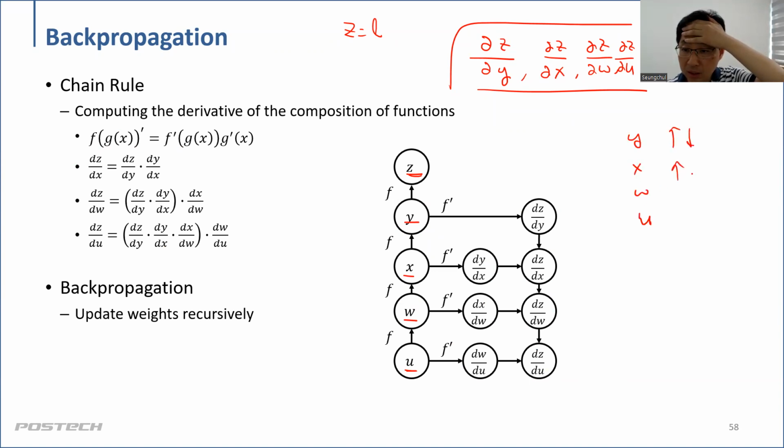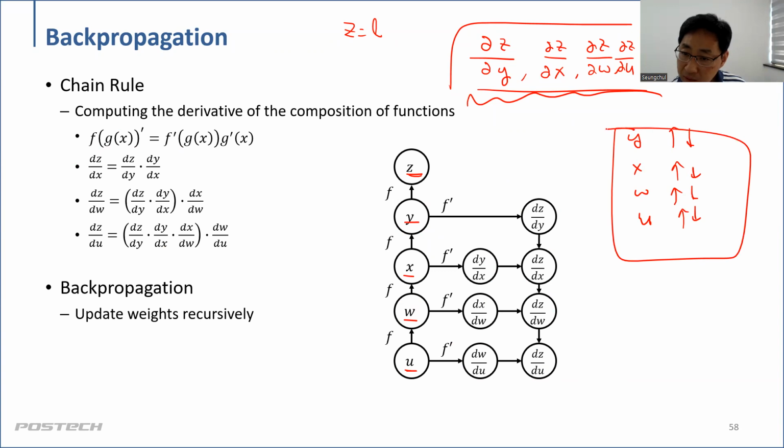I have to decide in the next iteration whether I'm gonna increase or decrease. It really depends on the value of these derivatives, gradients, right? We have to compute them so that we can decide in the next iterations whether we update, like increase or decrease, each decision variable. In this case, it's y, x, omega, u, which are weights.